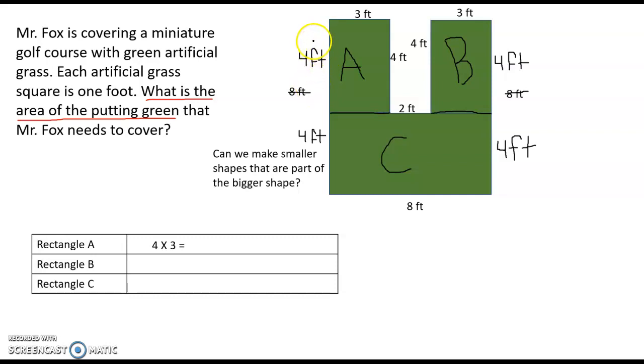So rectangle A, we have 4 feet and 3 feet. So we're going to multiply 4 times 3. Looking at rectangle B, same thing, 4 times 3. What would our problem be for rectangle C?